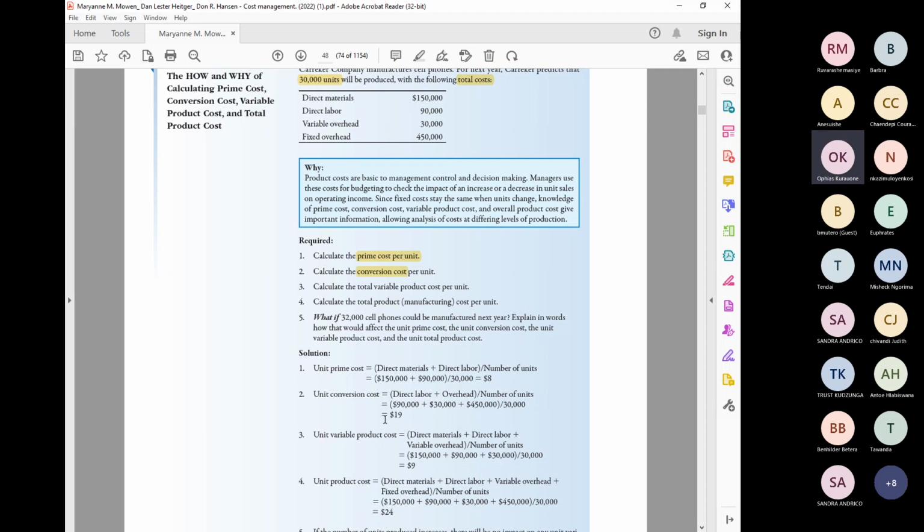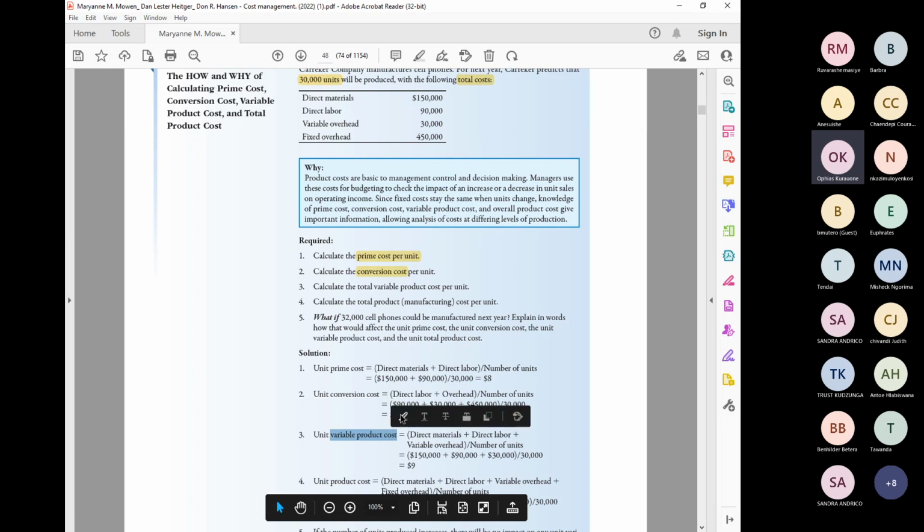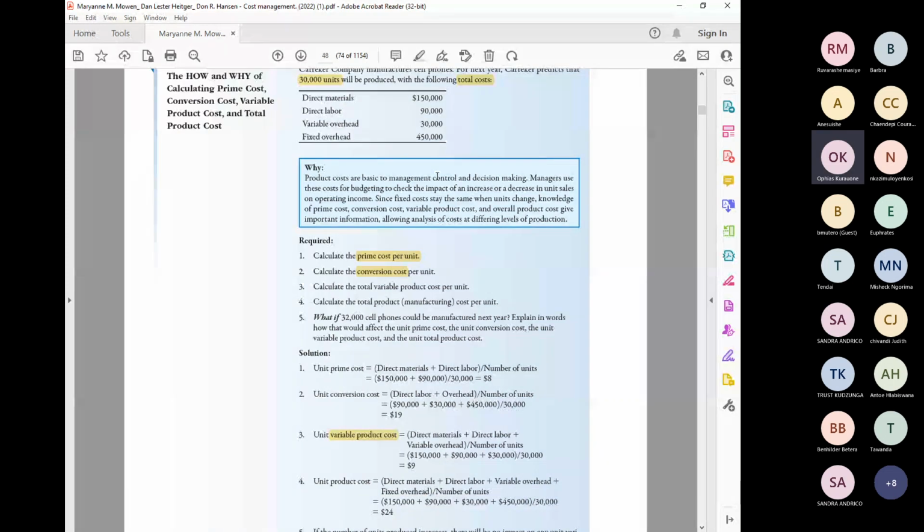Then variable product cost. We said variable costs vary with the level of production. If you want to produce more chairs, you need more wood. You need more nails. So it is something which varies with the level of production. Can you identify our variable costs here? What are our variable costs?